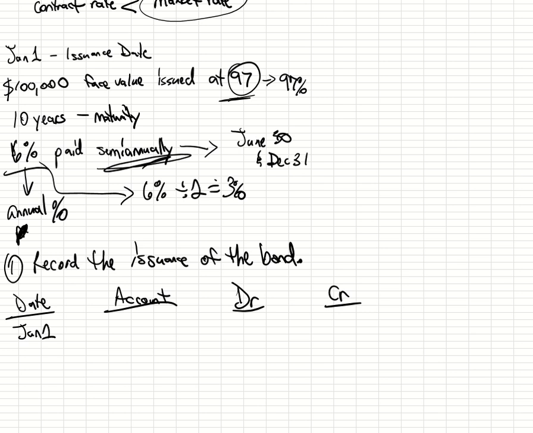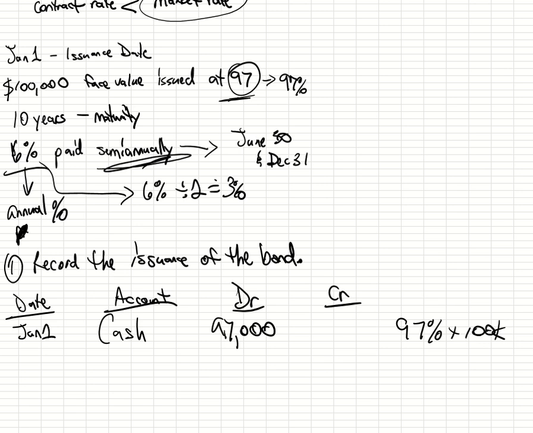Again, this means that 97% of $100,000 is going to be received in cash. So we're going to take 97% of 100K. That's going to give us 97,000, and that $97,000 is going to be debited to cash because that's the cash amount that was received by the lender.